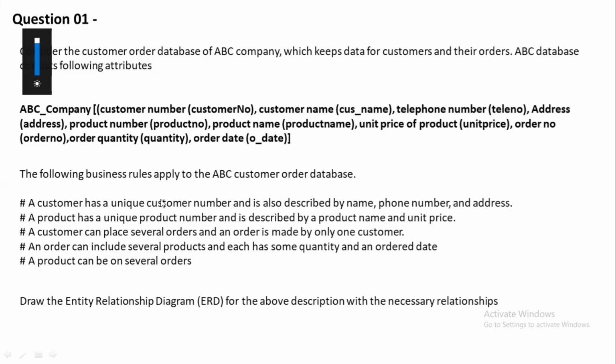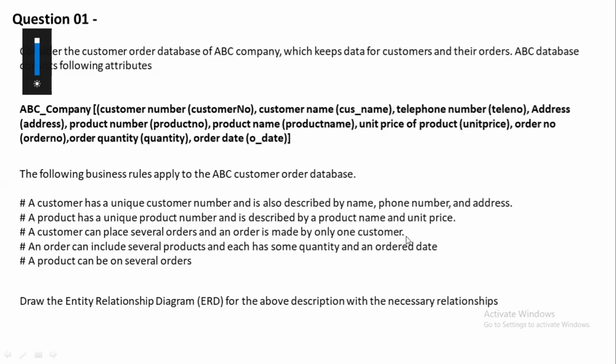The next line says a product has a unique product number and is described by the product name and the unit price. So you can get the primary key as the product number. In the next line they say the customer can place several orders and an order is made by only one customer.